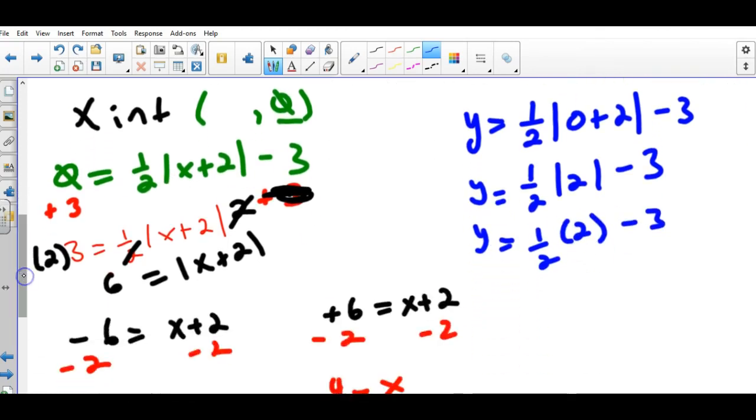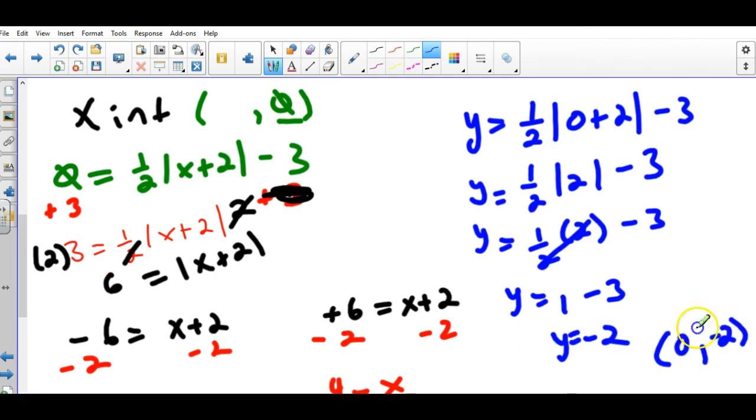And then right here, 1/2 times 2, guys. Well, half of 2 is 1. Or you could cancel the 2's and just have 1. So y equals 1 minus 3. And then 1 minus 3 is going to give you -2. So your y-intercept is -2, and your point will look like this, 0, -2. This is your y-intercept, okay?